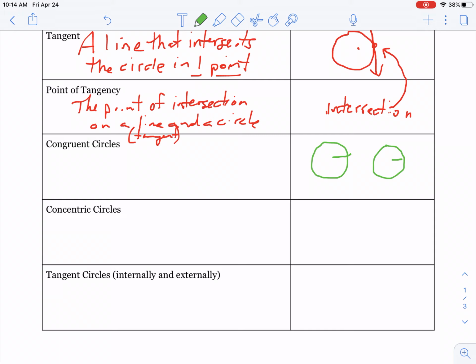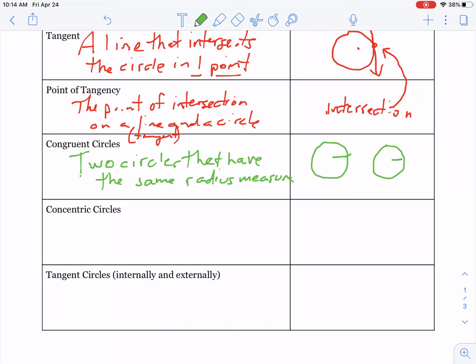So two circles that have the same radius measure.